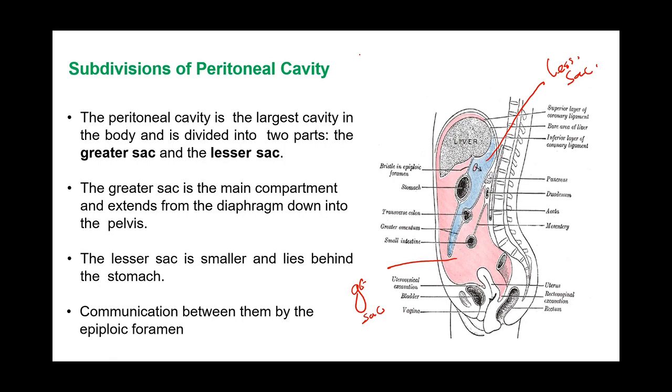Now, if this is the peritoneal cavity, and you have organs, roughly the liver, the stomach, let's say transverse colon, small bowel, and so on.